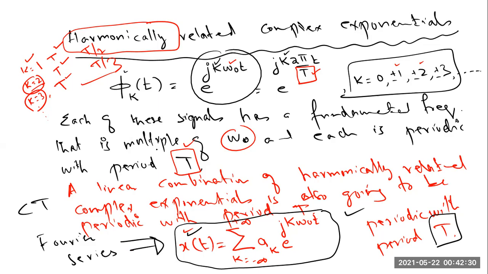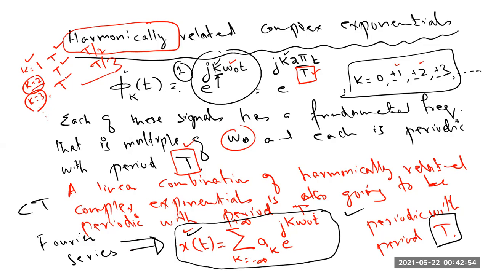Now, you also need to keep in mind that this k is shown to be varying from minus infinity to plus infinity. So if you put k equal to 0, we know that we will get a constant function. If you put k equal to 0 over here, you will get 1, which is a constant signal.